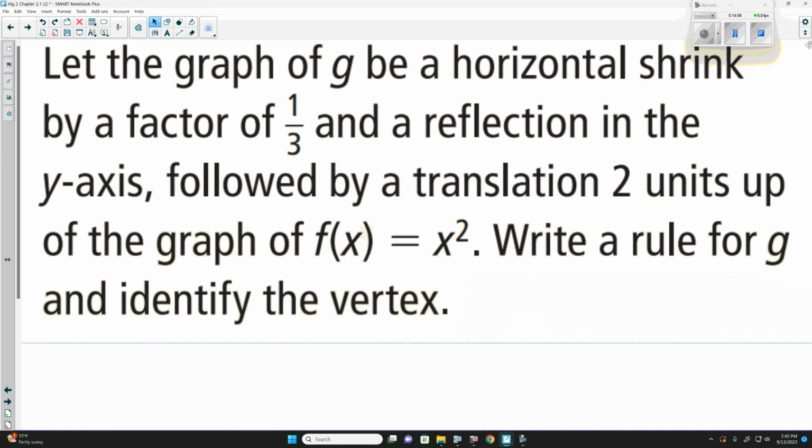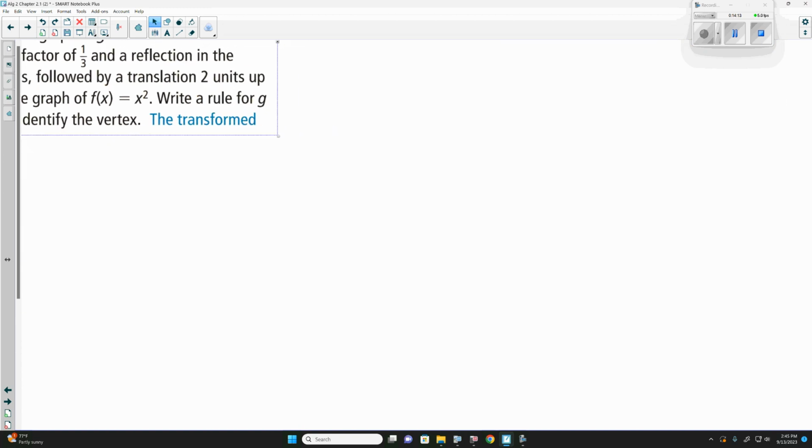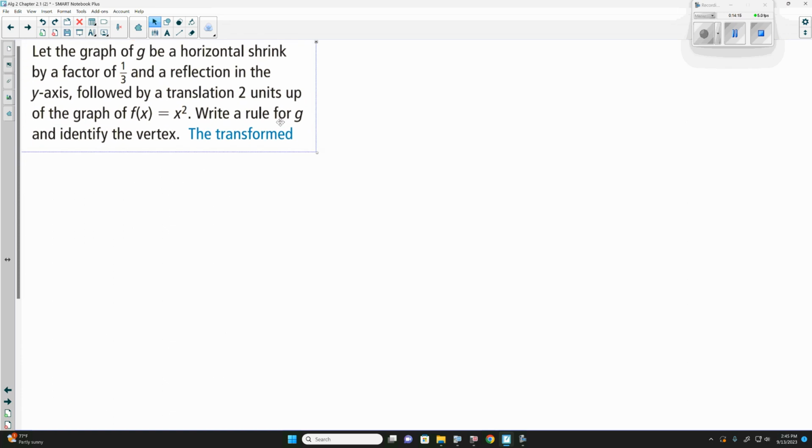I'm going to shrink it down a little bit because it's easier to see everything all at once. The first one we have is a horizontal shrink by a factor of 1/3.